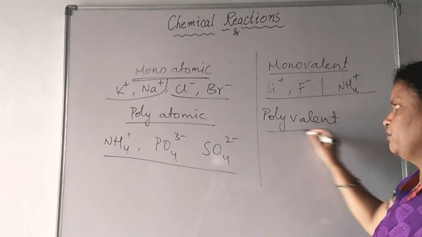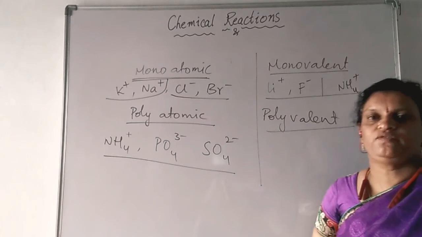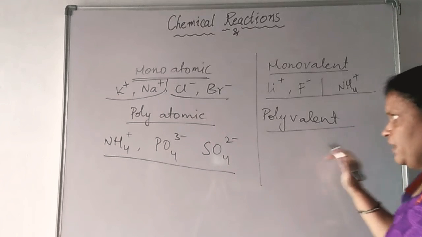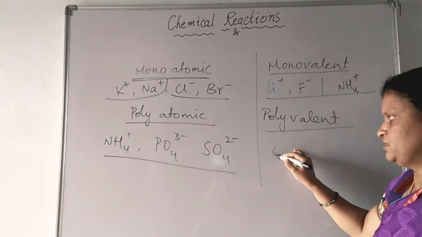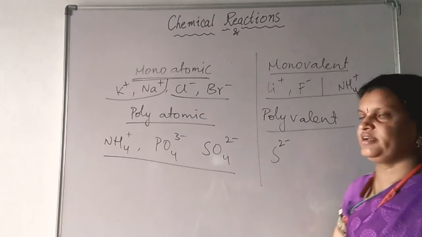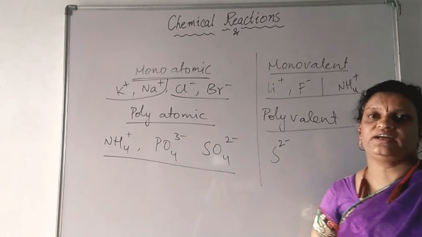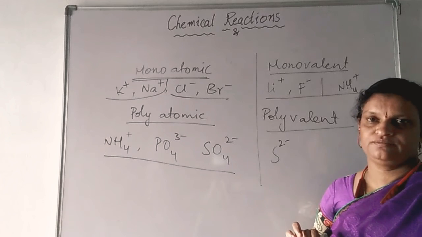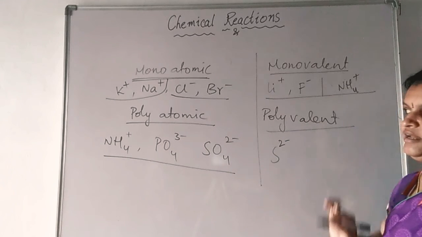Here, many students will confuse polyvalent and polyatomic. That's why I am showing like this. If I want to write polyvalent ions, S2- I can write, the sulfide ion. Sulfide ion carries a -2 charge. That's why I have written it under polyvalent ion.